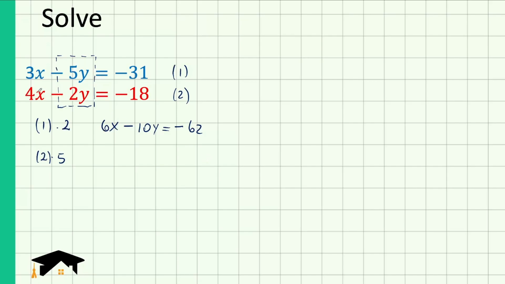And now multiplying the second one times 5 is 4x times 5, 20x. Minus 2y times 5 is minus 10y. And then minus 18 times 5 is minus 90. And now we notice that we have minus 10y and minus 10y.